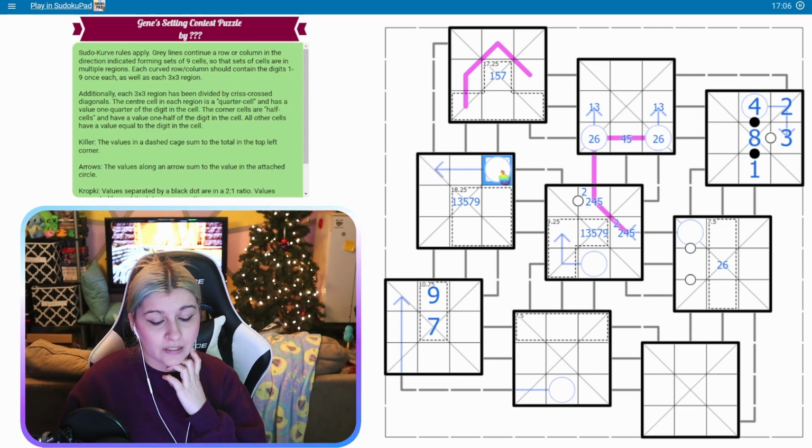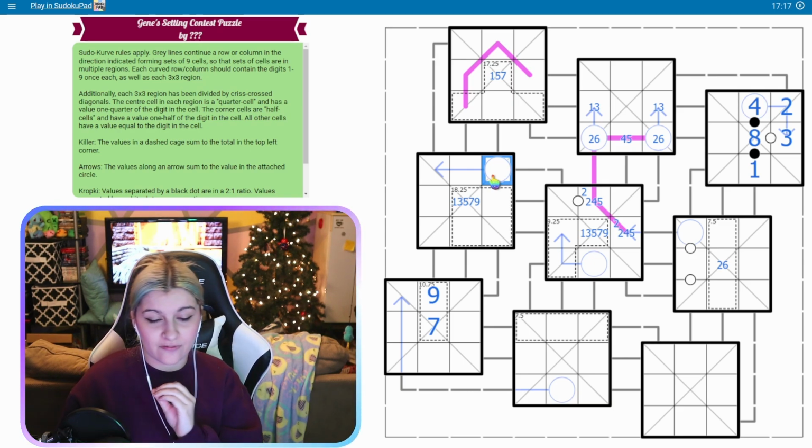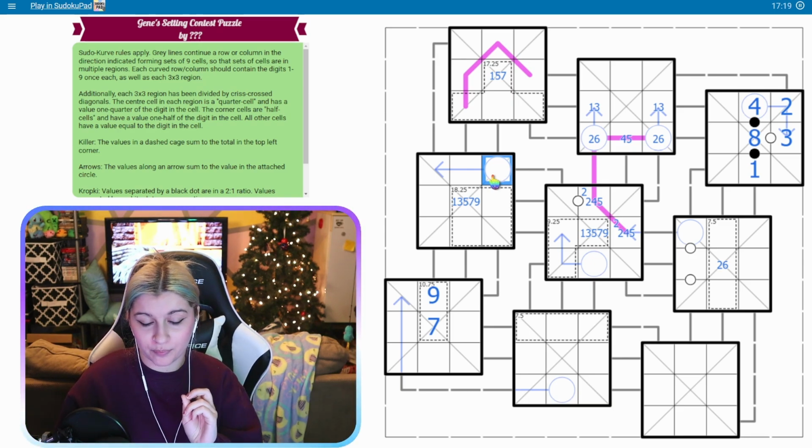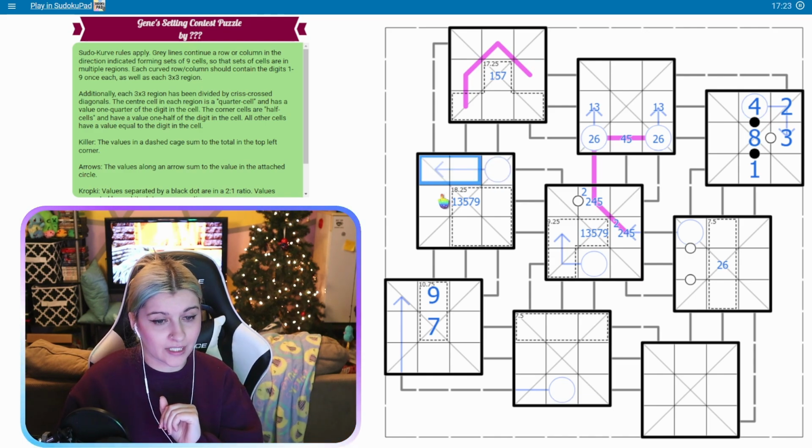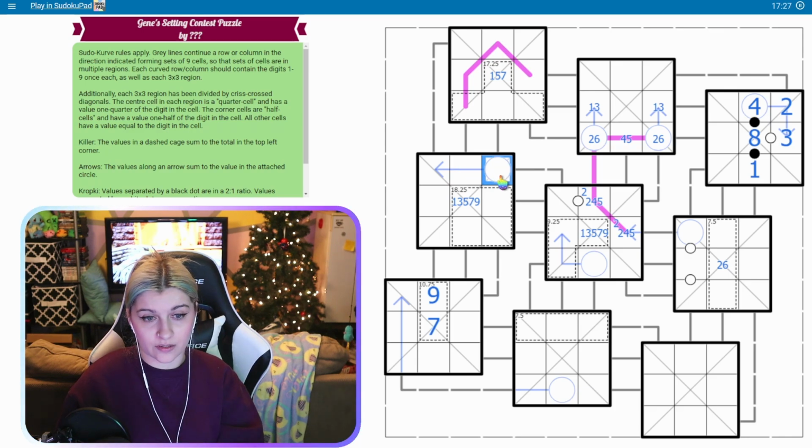This could be a 4. I would write in a 4 to have a value of 2. If I write in a 3 and this is 1.5, is there any way to get 1.5? I'd have to do 1 and 1. So this is at least a 4 written in.